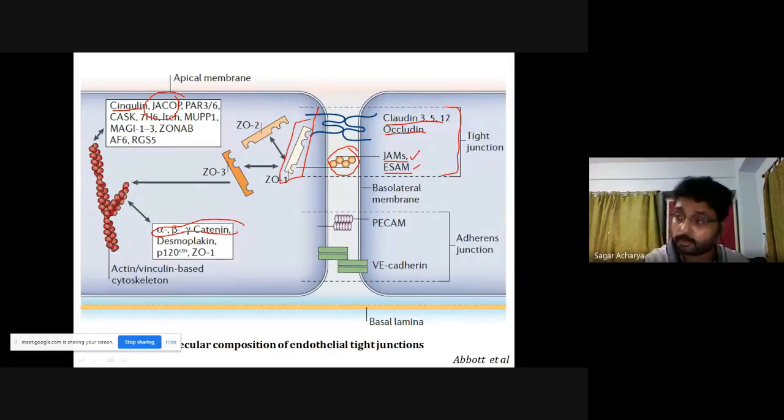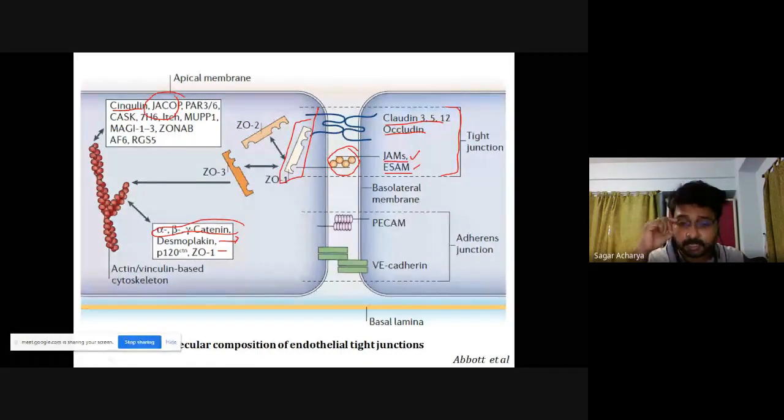These are the alpha, beta, and gamma catenin, desmoplakin, ZO-1, and p120. P120 has another name, which I forget. This is mainly the signaling protein that can link these.